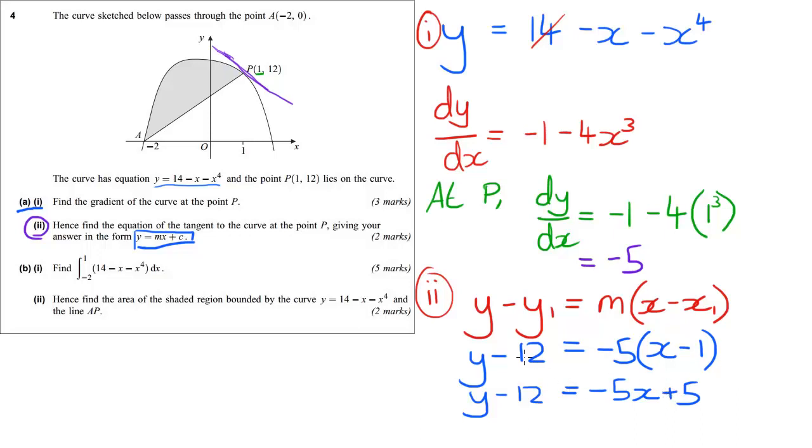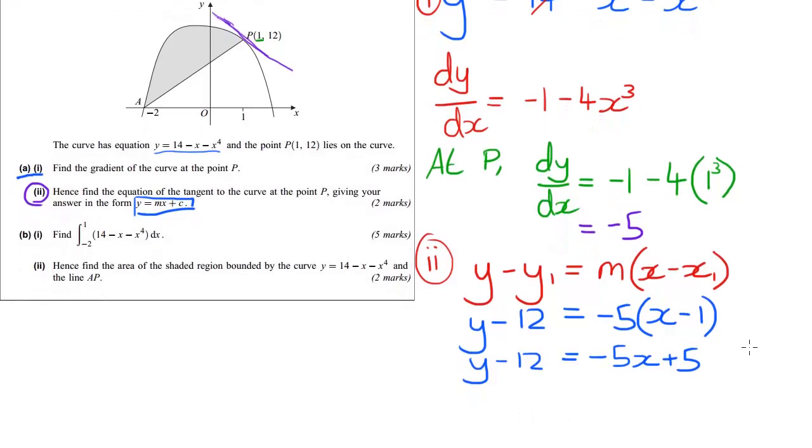Then what can we do? Well, we should probably add 12 to both sides, and then we should be okay. So let's do that in another colour. Let's add 12 to both sides. I'm going to go down a little bit as well, just to give myself some room. So y is going to be equal to minus 5x, and then 5 plus 12 is going to be plus 17. That is the equation of our tangent, this badly drawn purple line over here.